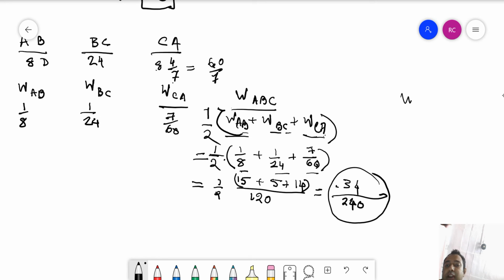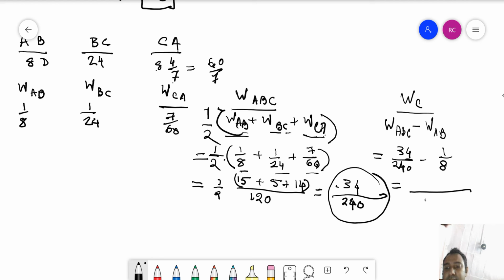Then we have to find work done by C. That is the answer we need. So that is basically the work done by ABC minus work done by AB. That would give us the work done by C in one day. So that would be 34 by 240 minus 1 by 8.